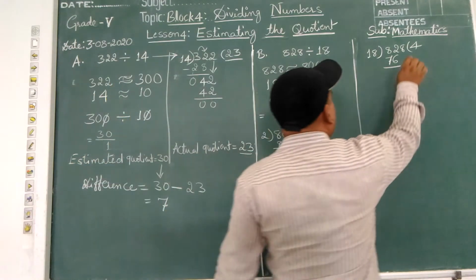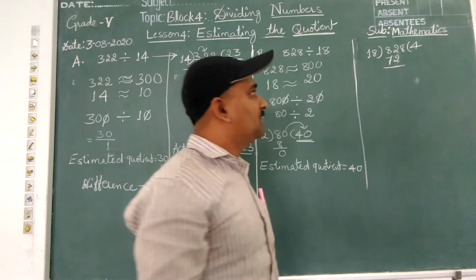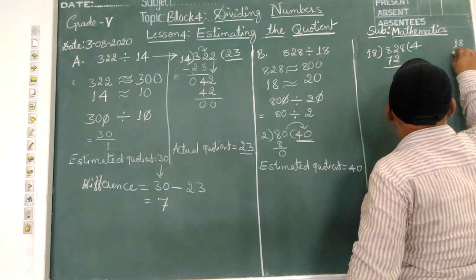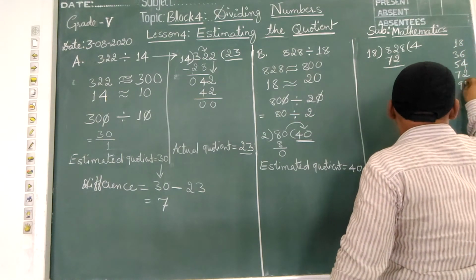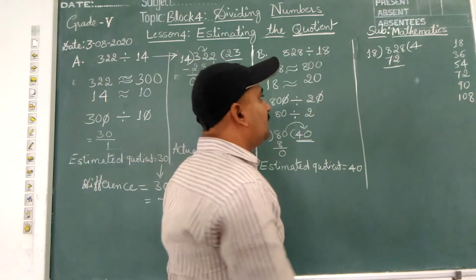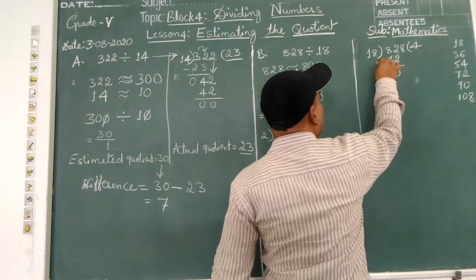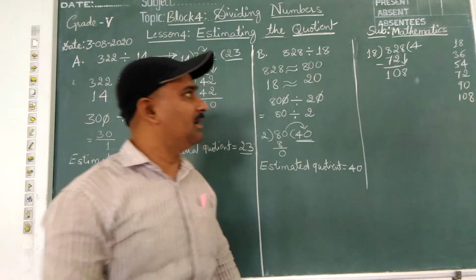I am sorry. 18 4s are 72. If you want, you can write down your 18s table like this. 18s table, write down. And here the number is 2 minus 2, 0. 8 minus 7, 1. Take the next number, 8.